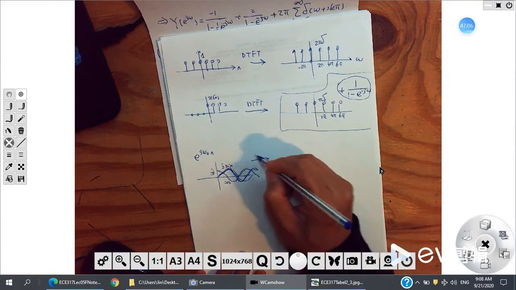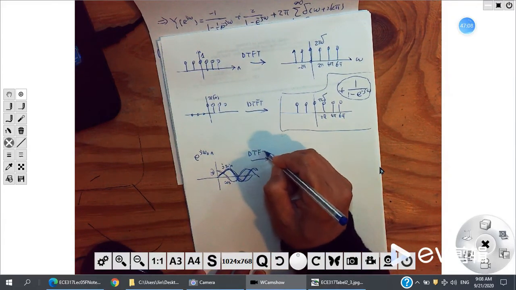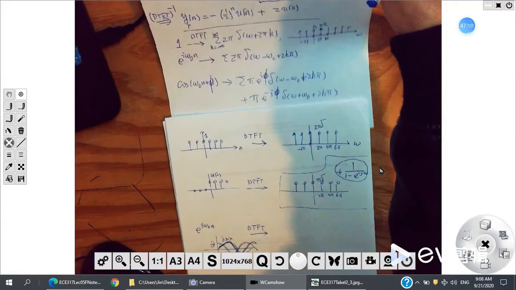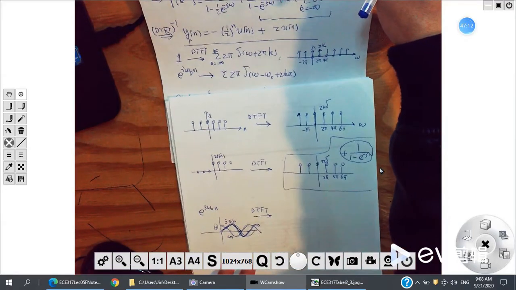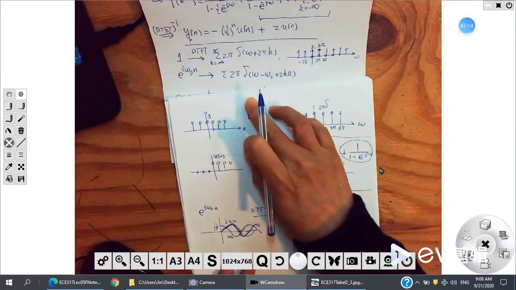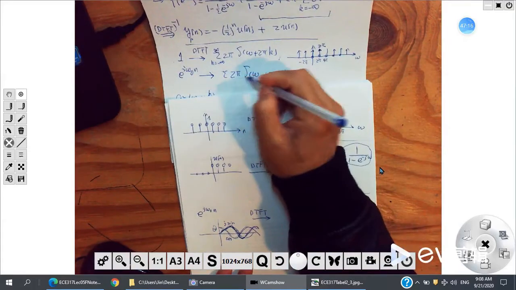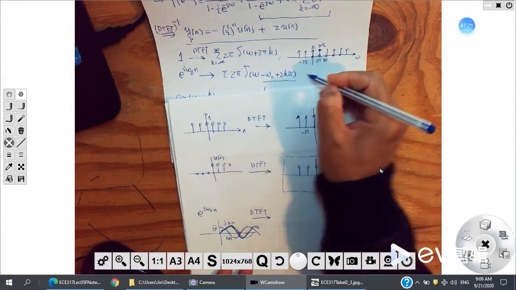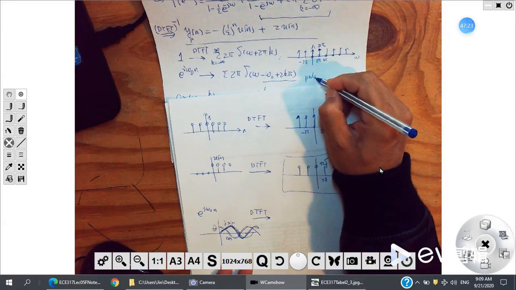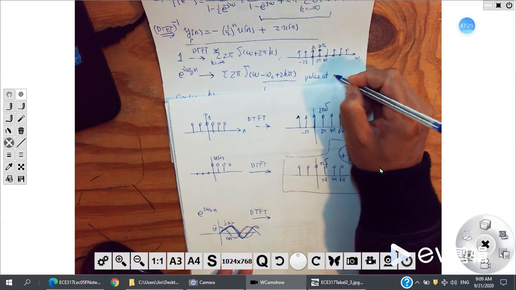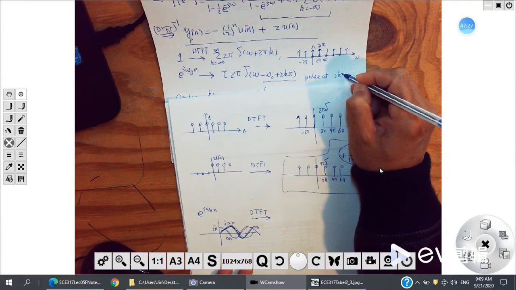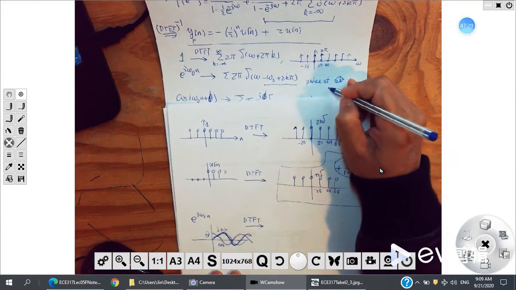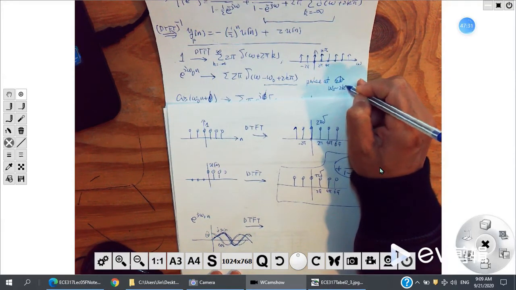And by DTFT, this one is 2 pi times an impulse, and the impulse happens at omega 0 minus 2k pi, right?